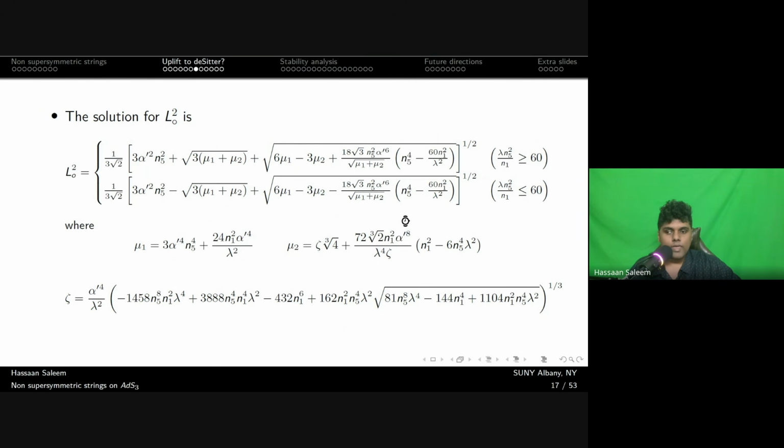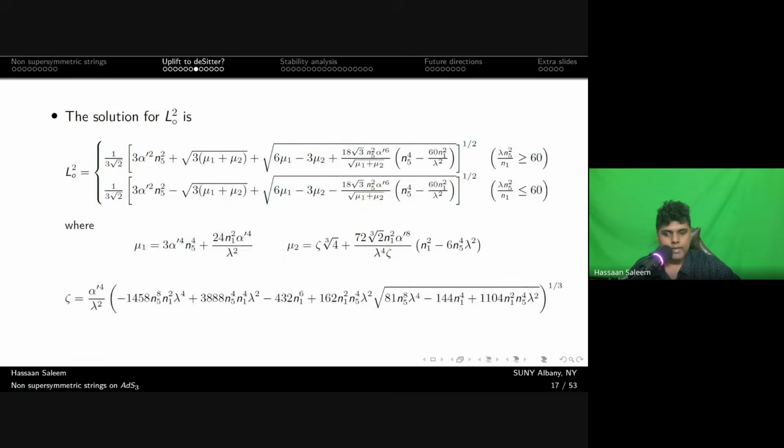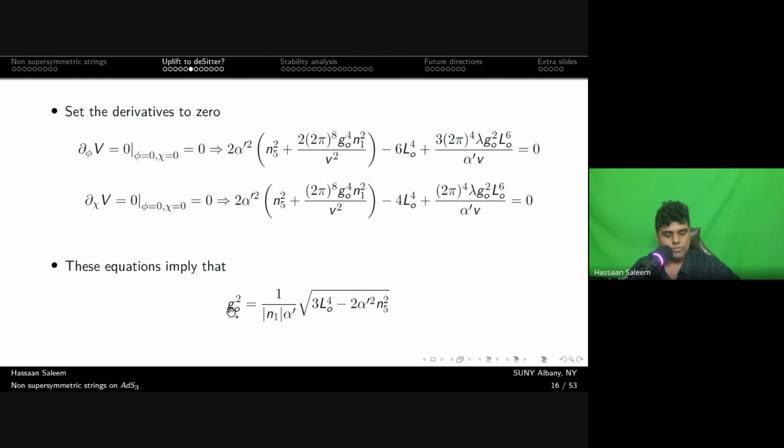Now, one thing that needs to be checked is the following. If you go back and look at the relation between GO and LO, you see that there is an N1 in the denominator. So you may think, is there a divergence in GO? Because when N1 goes to 0, GO seems to be diverging. That's bad, and I'll tell you why, but we need to ensure that GO doesn't diverge.